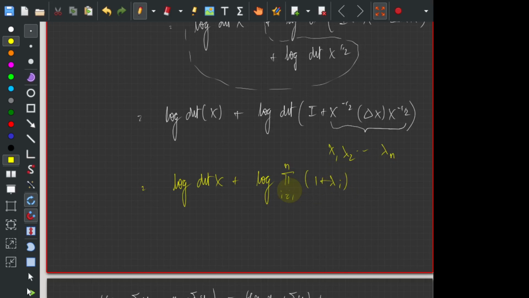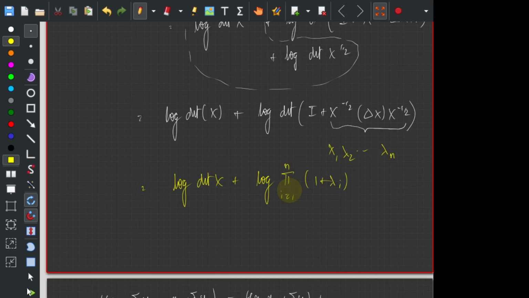So as delta x tends to 0, what would happen to the lambda i's? So delta x is a matrix, right? It's a perturbation around x, correct?